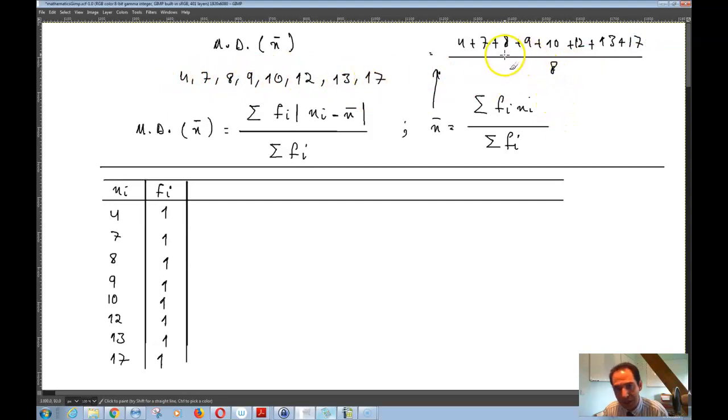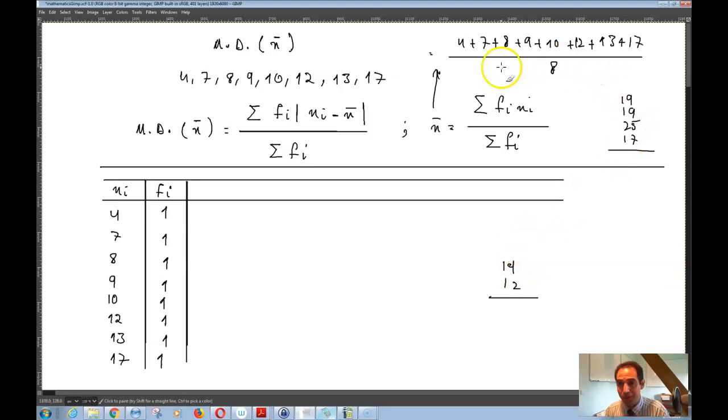This is equal to 11 plus 8 is 19, 19 plus 19, and then you have a 25 and a 17 here. So that's 19 plus 12, this is supposed to be 80.